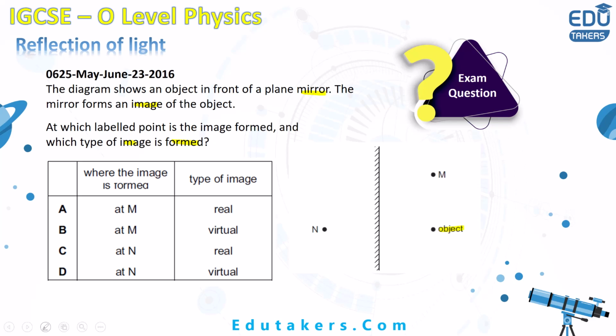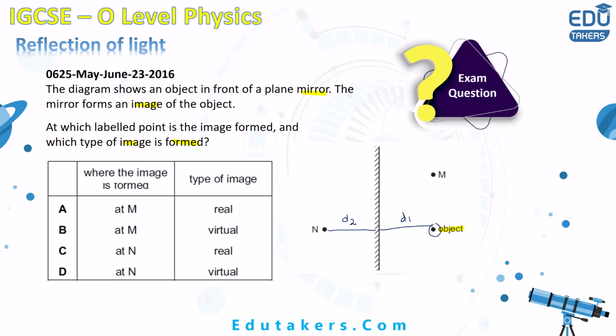So see here, the object is placed on the right side of the mirror, and you also know the distance of the object from the plane mirror. If I say D1 is the distance of the object from the plane mirror, it would be equal to the distance of the image from the plane mirror. I suppose that it's D2. Both of these distances have to be equal.